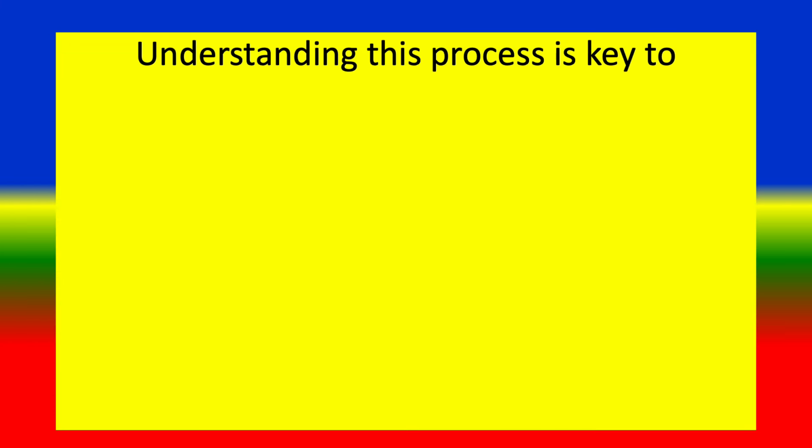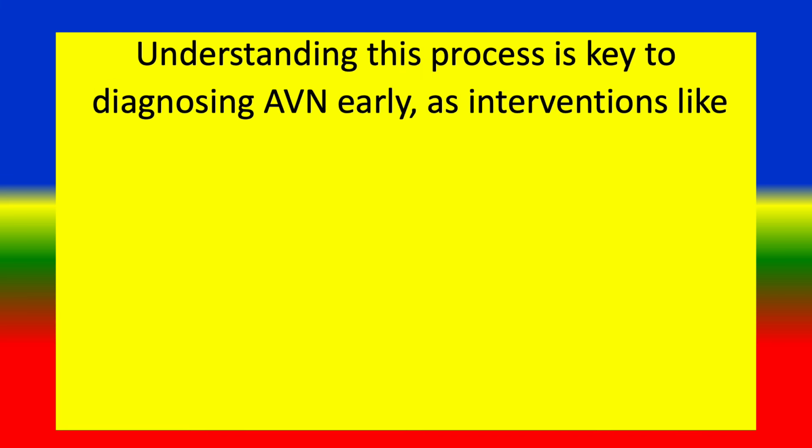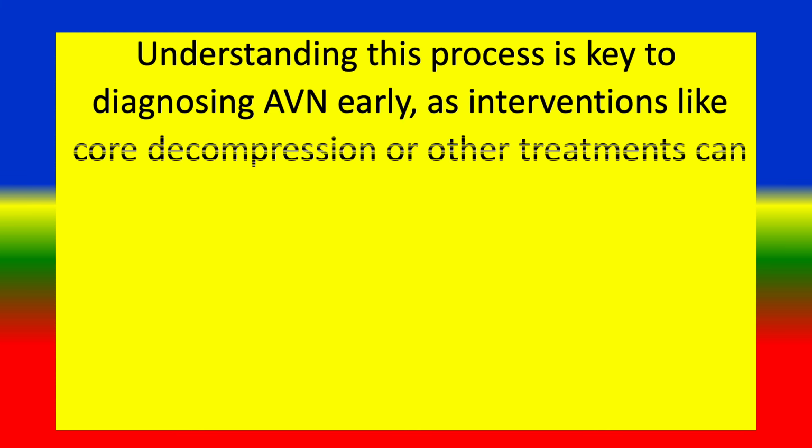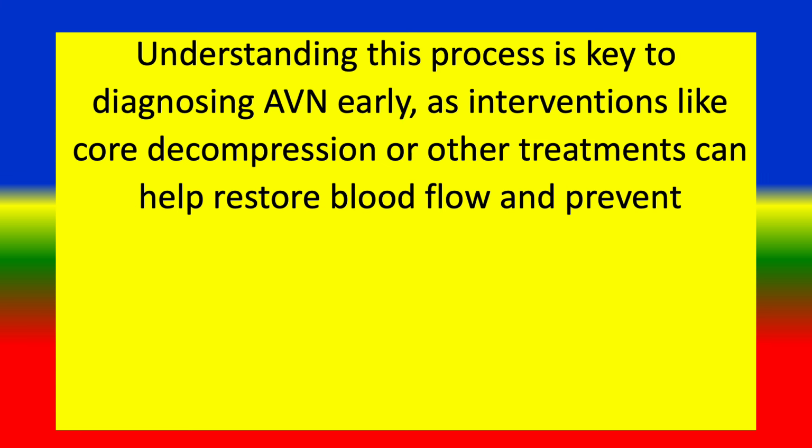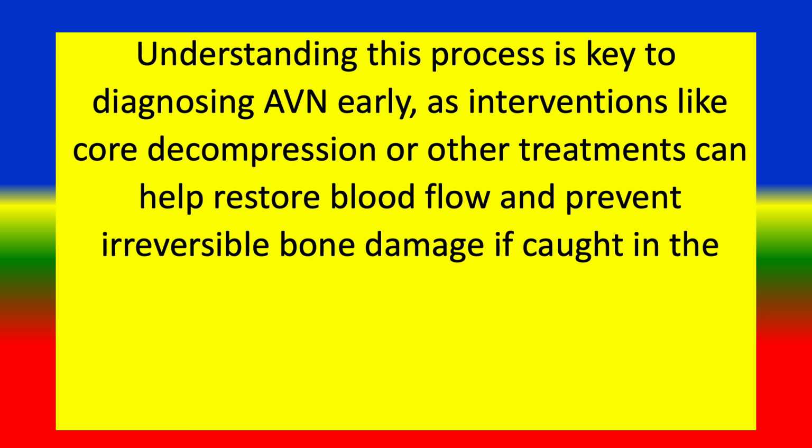Understanding this process is key to diagnosing AVN early, as interventions like core decompression or other treatments can help restore blood flow and prevent irreversible bone damage if caught in the early stage.